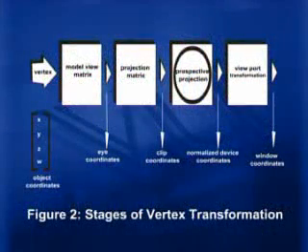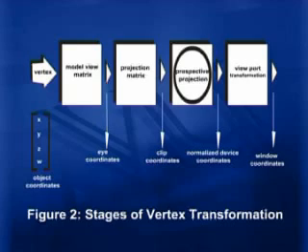Currently, you are looking at different stages of vertex transformation. We are starting with the object coordinates. Here you are seeing them as x, y, z, w. They go through the first step, which is the model view matrix, and as a result, the output that we get from this is the eye coordinates. These eye coordinates walk into the projection matrix, and the resulting output is clip coordinates.